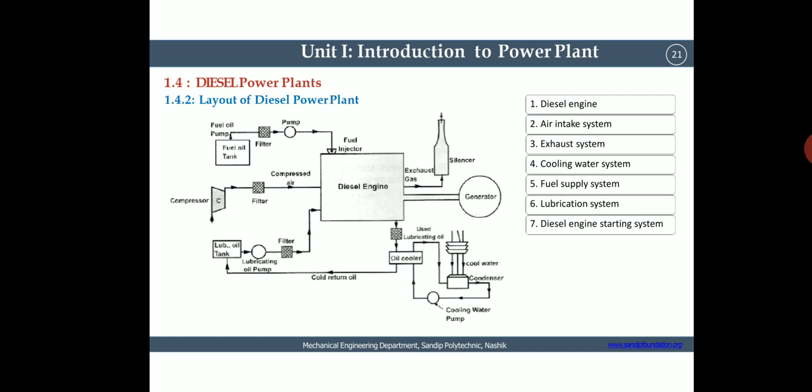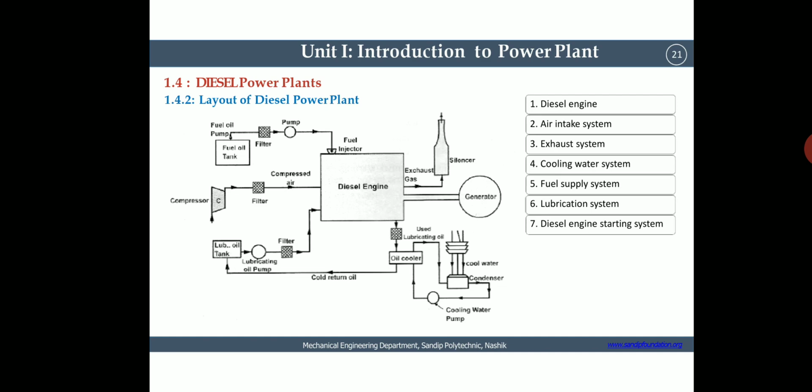Then the inlet valve opens and takes in the air, which is compressed, and at the end of compression, at that particular pressure, the fuel injector works and injects the diesel into the engine such that combustion takes place and power is produced.